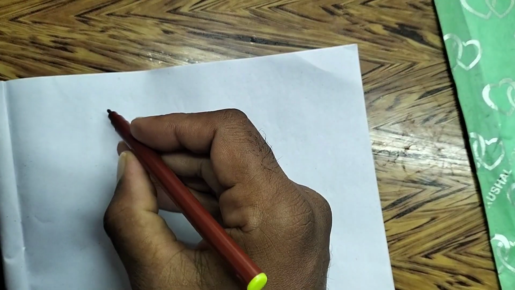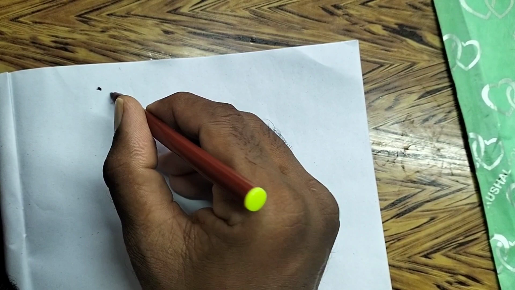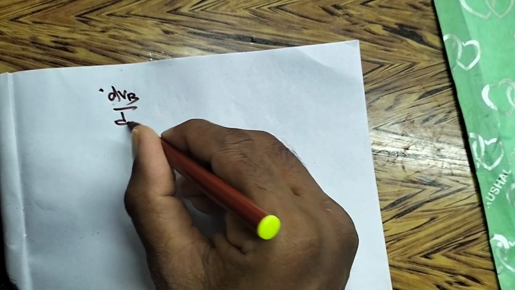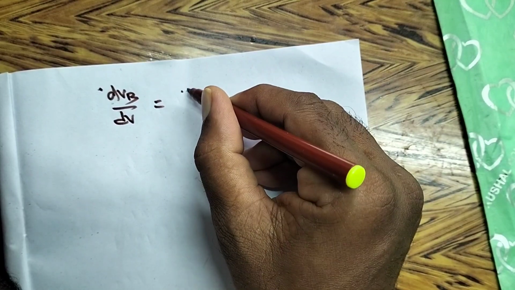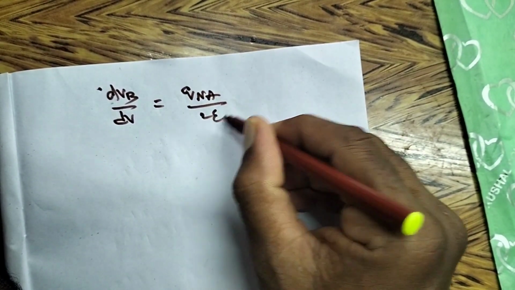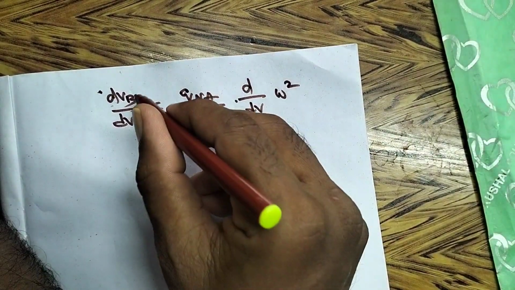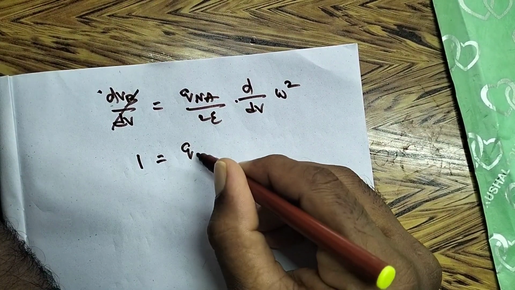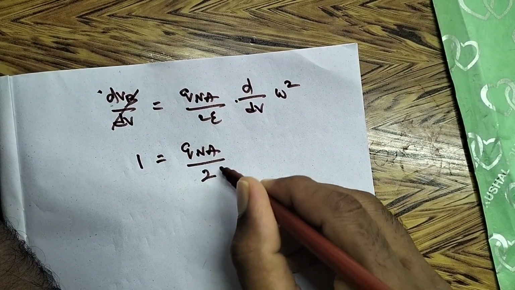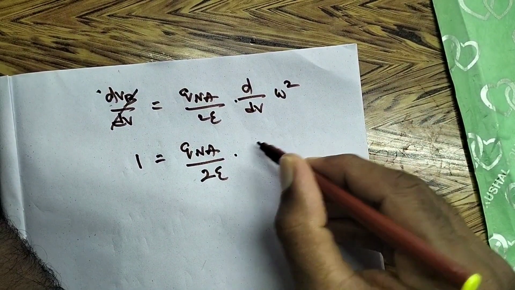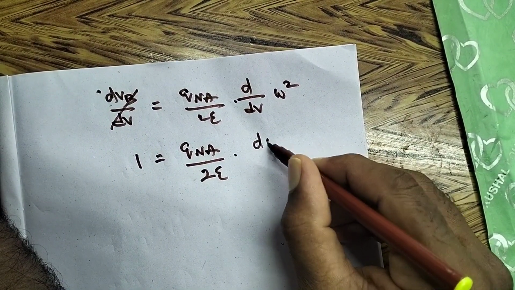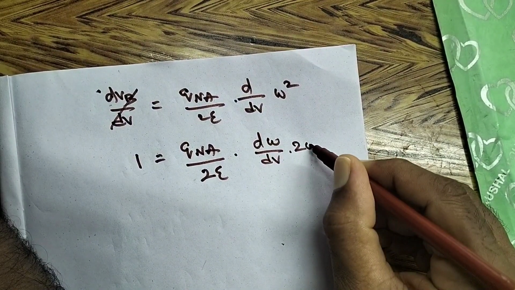I am going to derive it. So dvb by dv equal to q NA by 2 epsilon into d by dv of w square. Here q Na by 2 epsilon stays, and then differentiation with respect to v gives dw by dv into 2w.